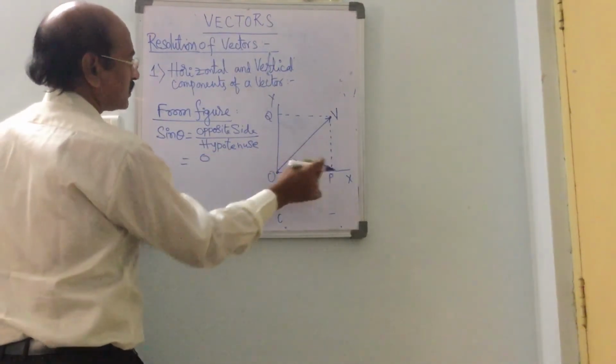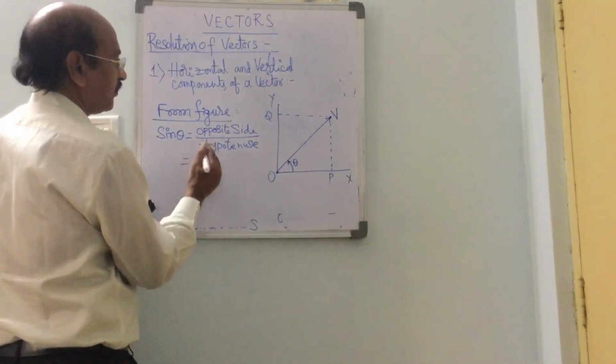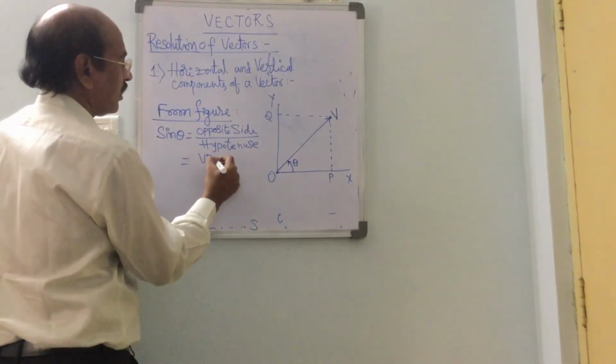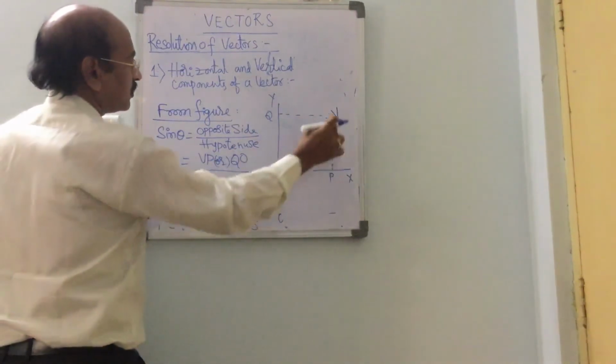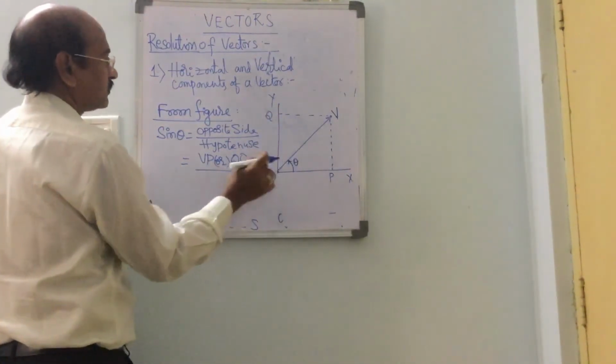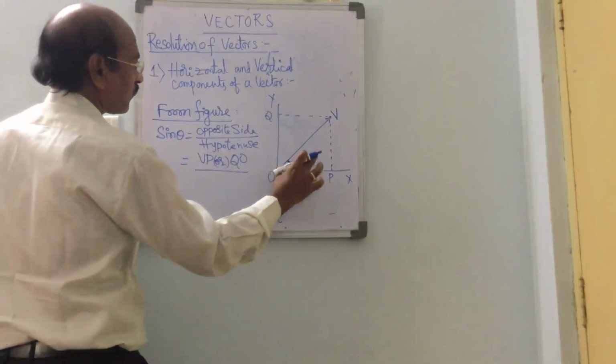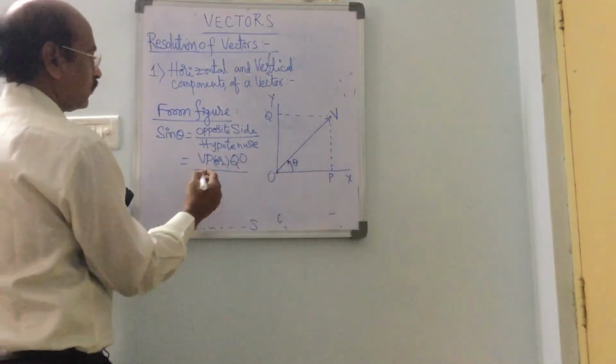So opposite side is VP or QO. This VP is equal to QO by OV.